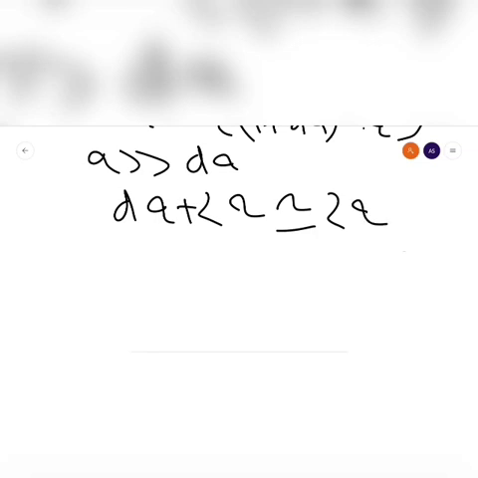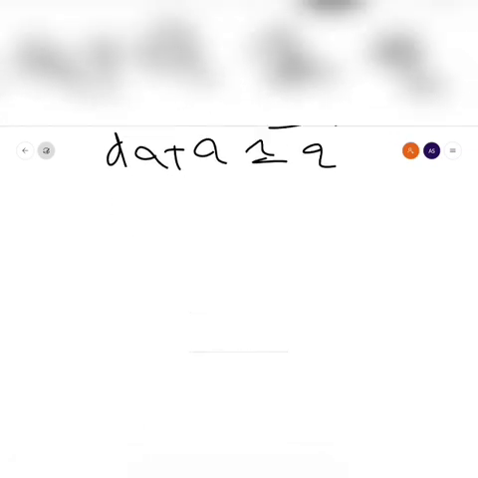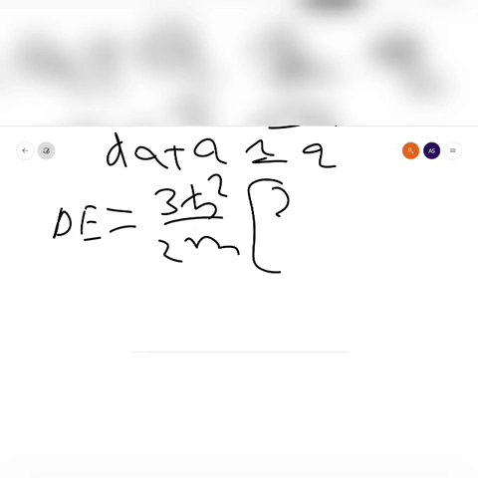Now you can put this condition. You can write dA plus 2a is equal to 2a and dA plus a is equal to a. So your relation can be written as delta E is equal to 3h square divided by 2m times 2a dA over a square into a square.